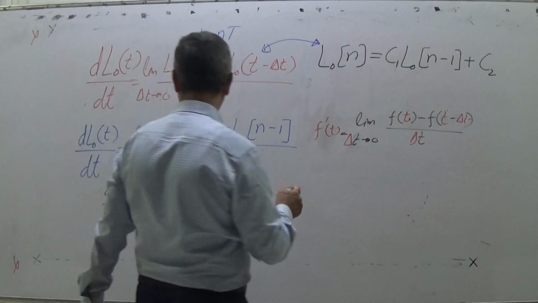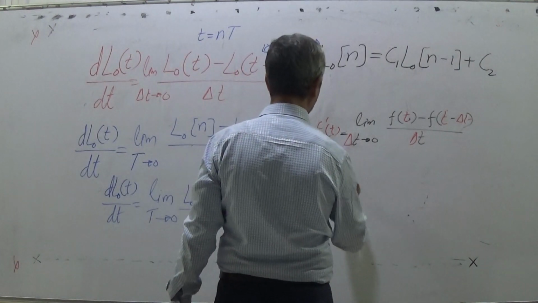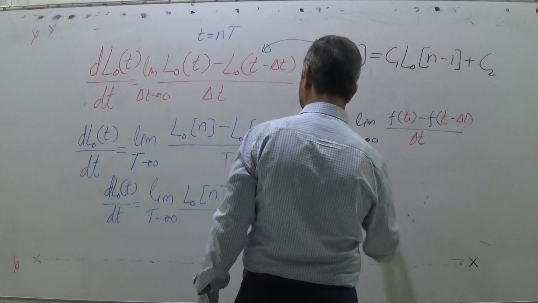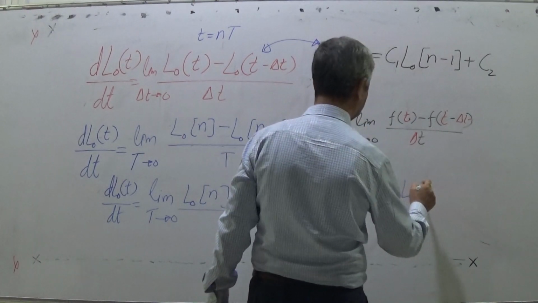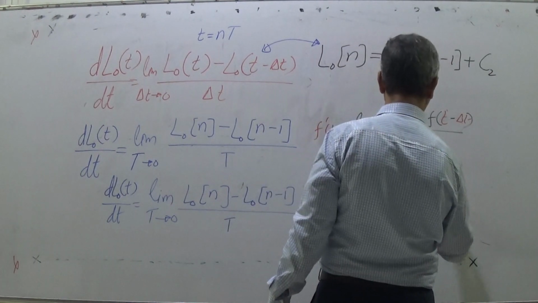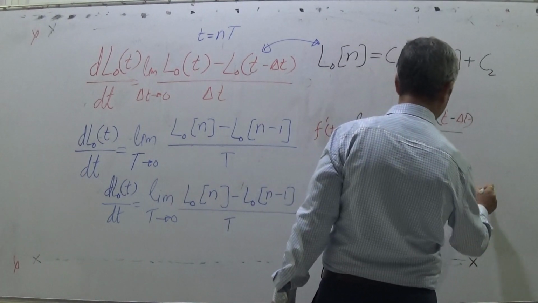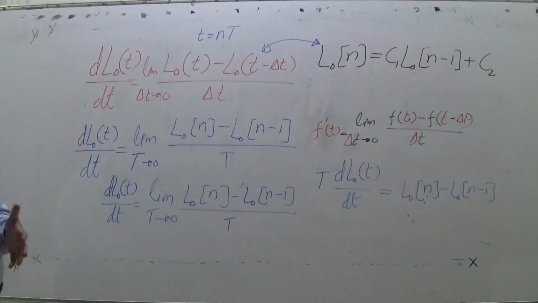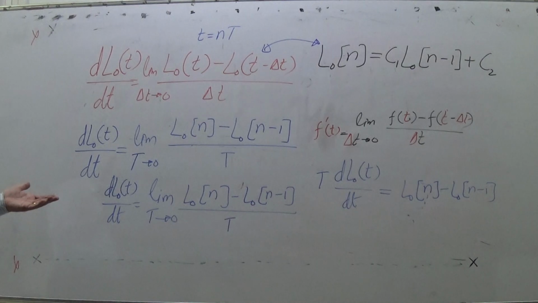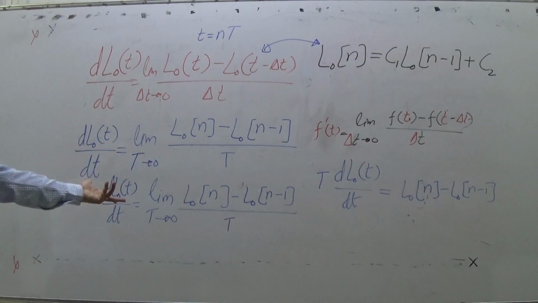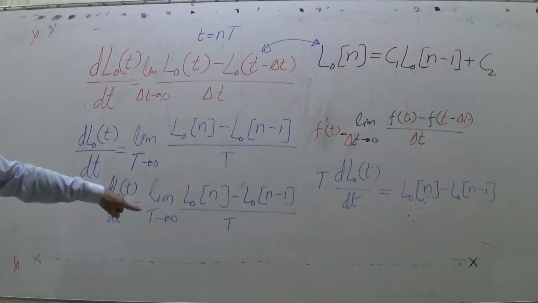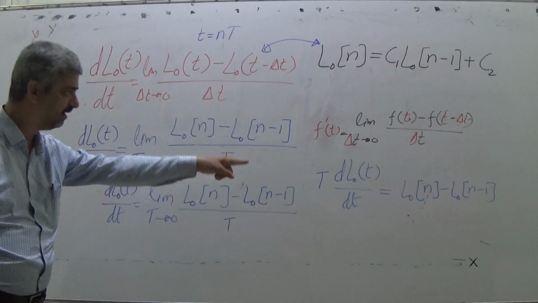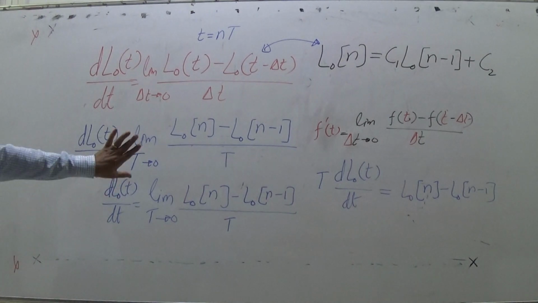So multiplying both sides by capital T, we get T dLOt upon dt is equal to LO n minus LO n minus 1. And now there is no need to put the limit, because we have got rid of it.